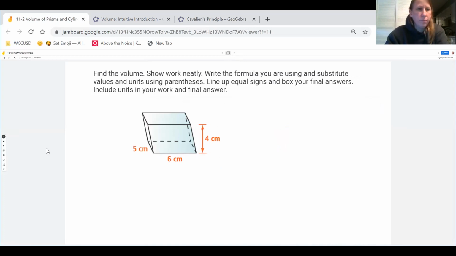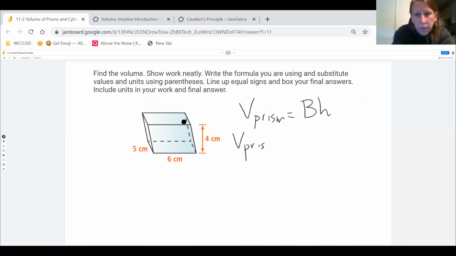So how do you do this one? Well, you don't freak out that it's oblique. You say, okay, it's an oblique prism, but it's still a prism. And the volume of a prism is the base area times the height. The base is a rectangle. So how many squares fit in this base? It's a 5 by 6, right?